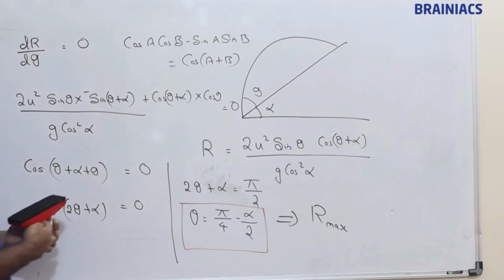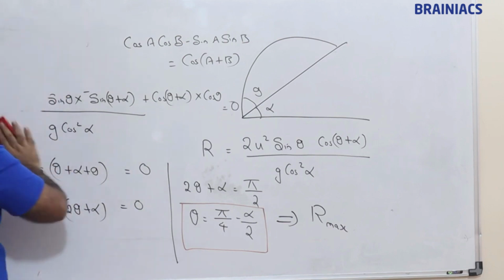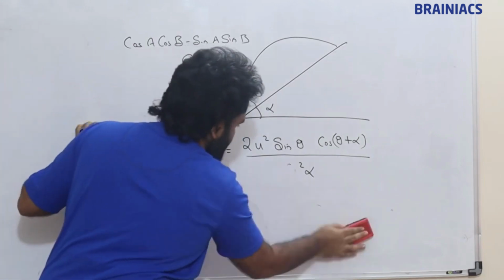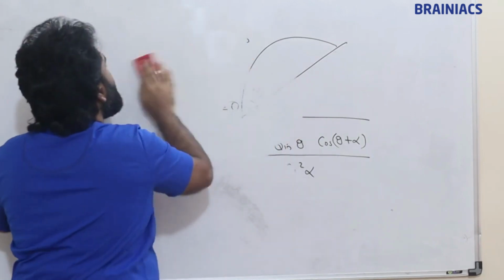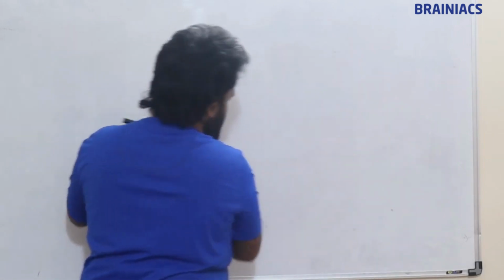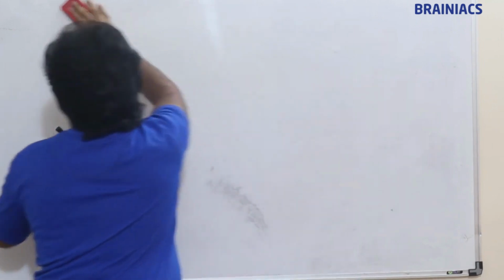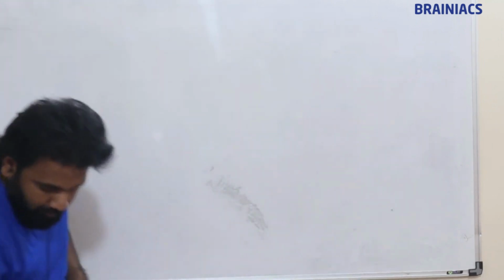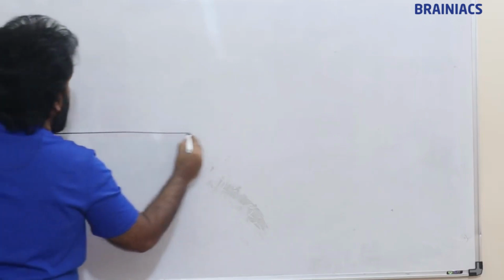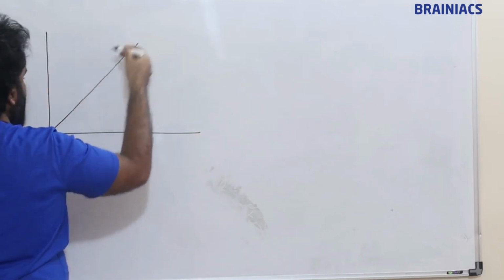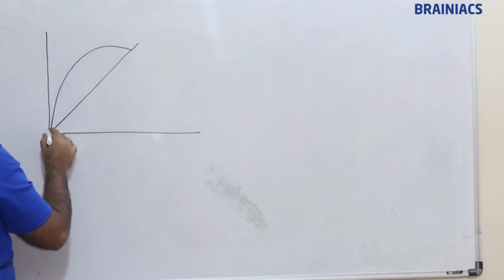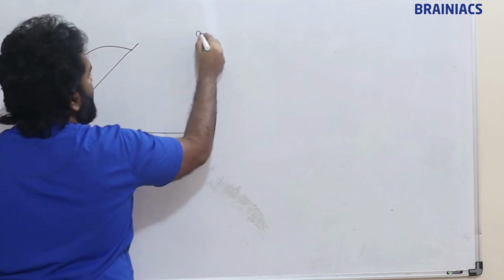Clear? Shall I erase this? Okay, so suppose we take an inclined plane like this. Now what is the angle?